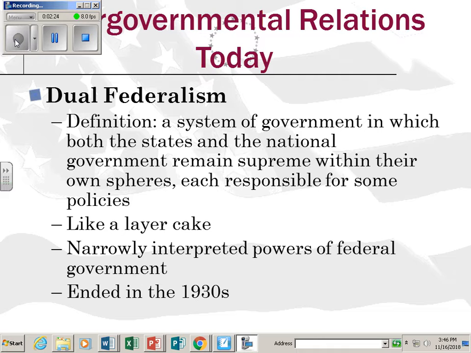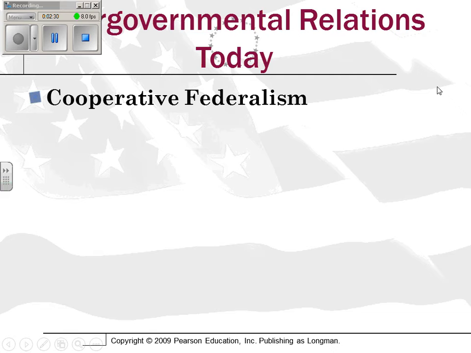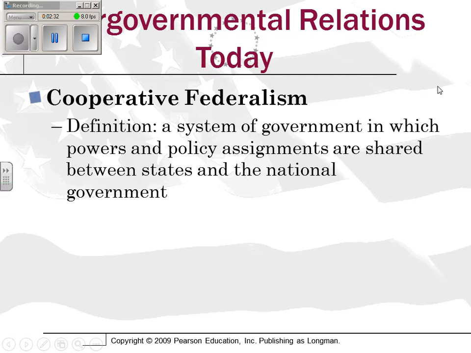That will give rise to our next type of federalism, which is called cooperative federalism. And this is a system of government where powers and policy assignments are shared between the states and the national government. For example, Medicare and Medicaid. Medicare coming from the federal government, Medicaid coming from the state government.